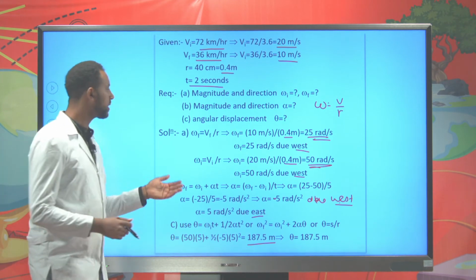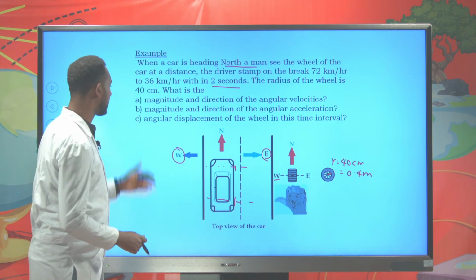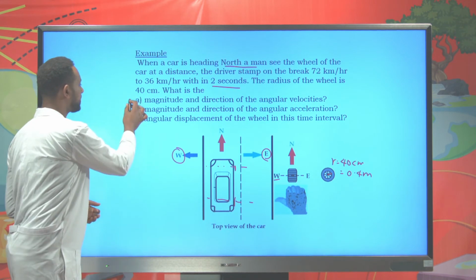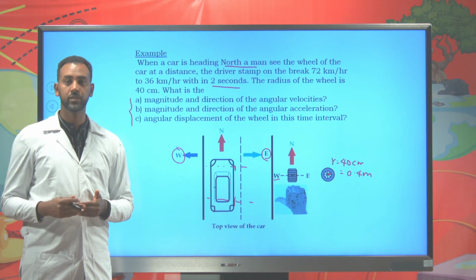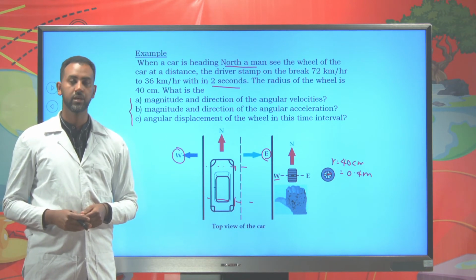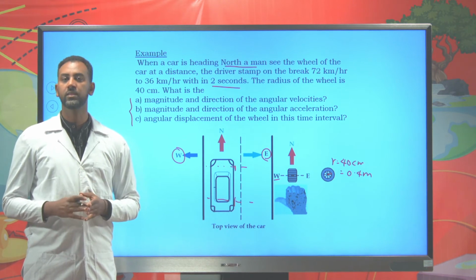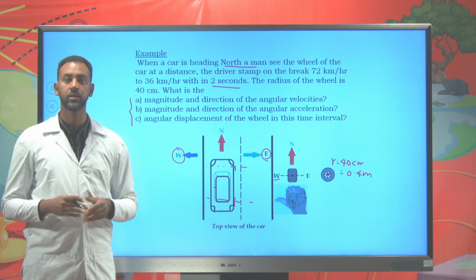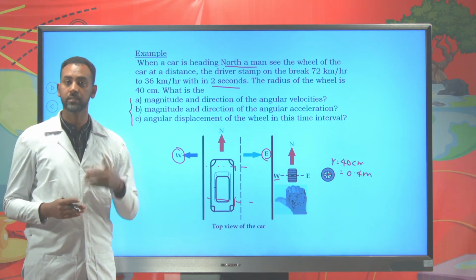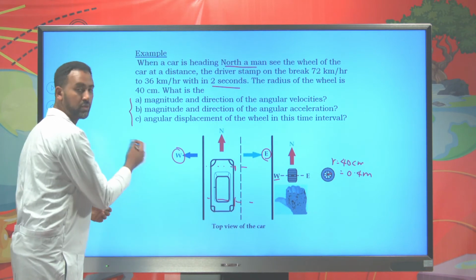So this is how we determine the angular velocities and angular acceleration. So far we have tried to express the rotational equations. You have learned about instantaneous and average velocity, instantaneous and average acceleration in your linear concept.